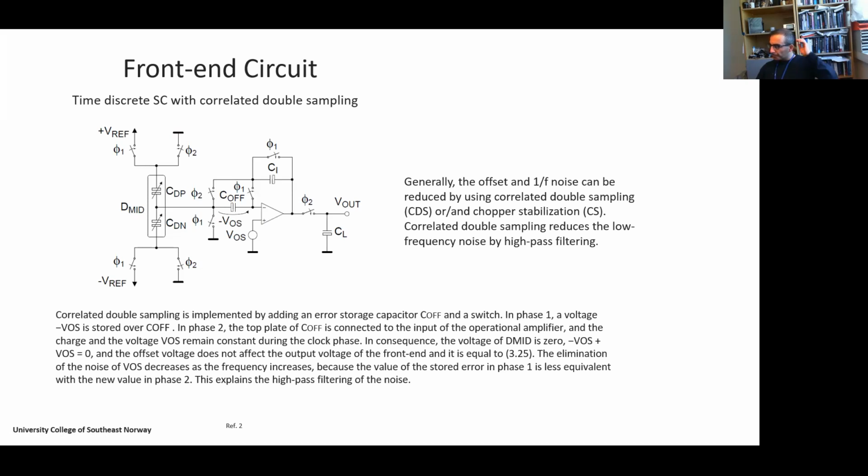Here's a system which combines the two techniques, the correlated double sampling. Basically, you have clocks which have sampled the unwanted values and stored them on capacitors, and then they are subtracted from the signal when the timing is right, depending on how the clocks are switched on and off.